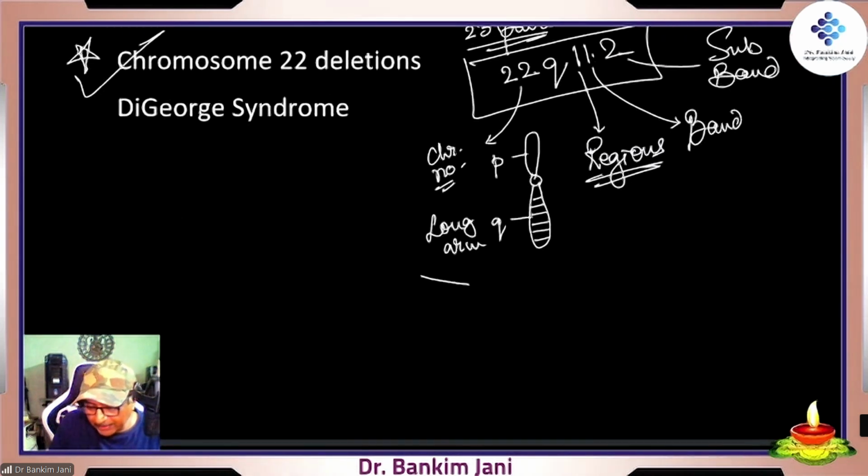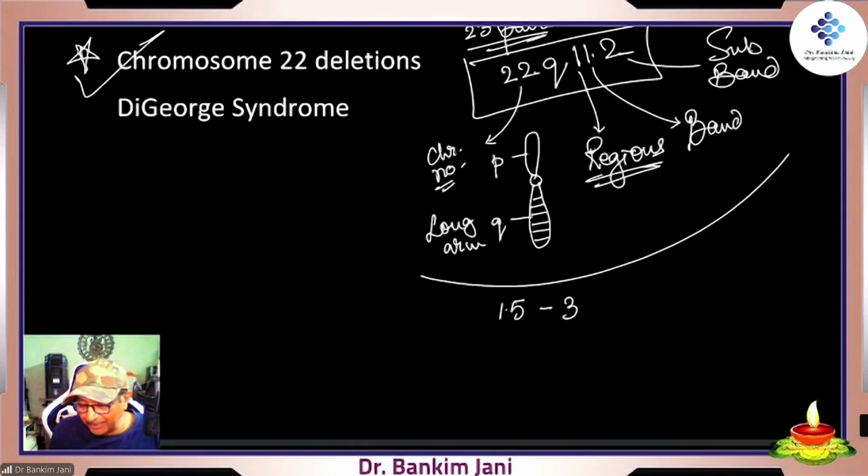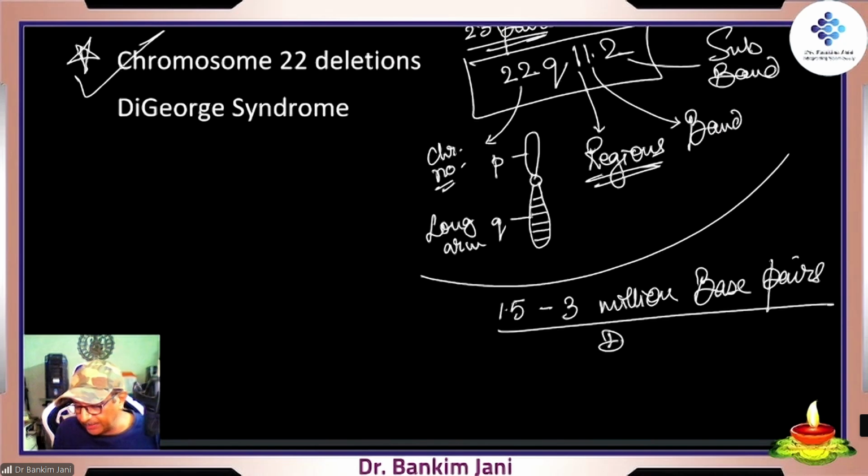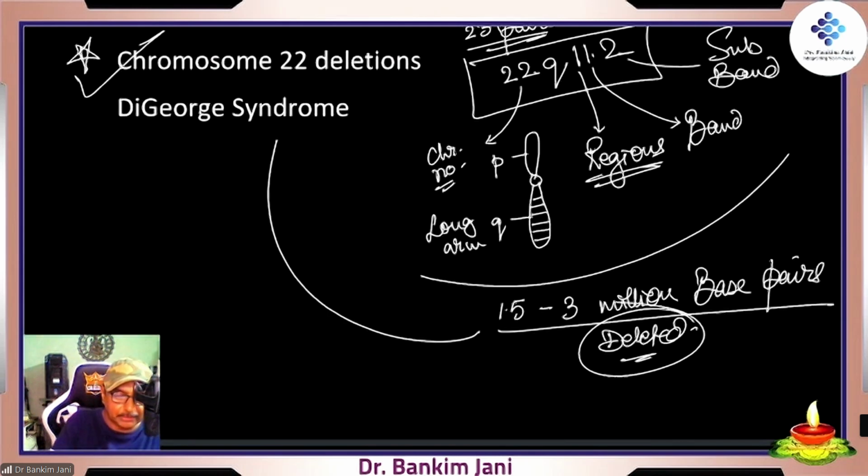So at this location, 1.5 to 3 million base pairs are deleted or corrupted. That leads to the condition called DiGeorge syndrome.